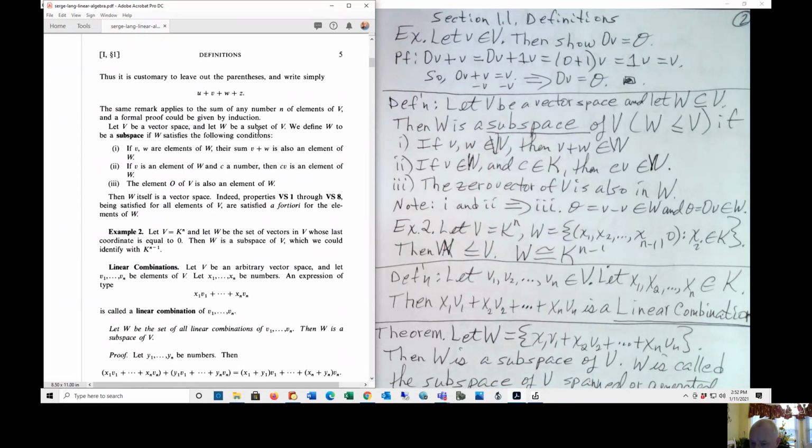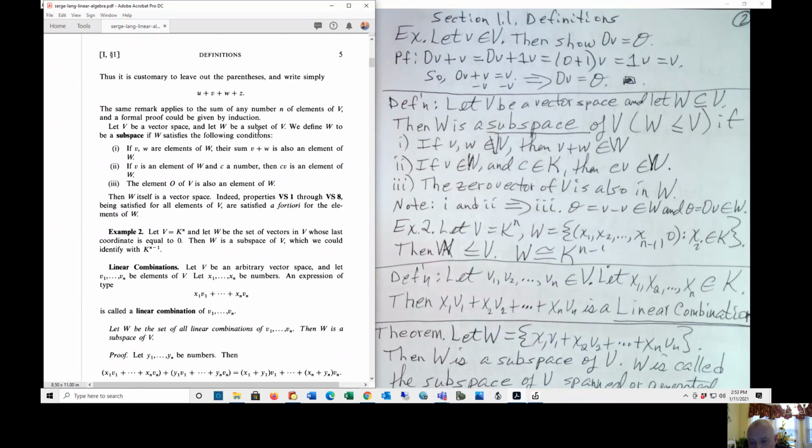That is a subspace of Kn that we could identify with K(n minus 1). You're probably already familiar with the idea of dimension that we'll talk about later. The dimension of Kn is n, and we'll tell you more about that later. And of course, K(n minus 1) has dimension n minus 1.